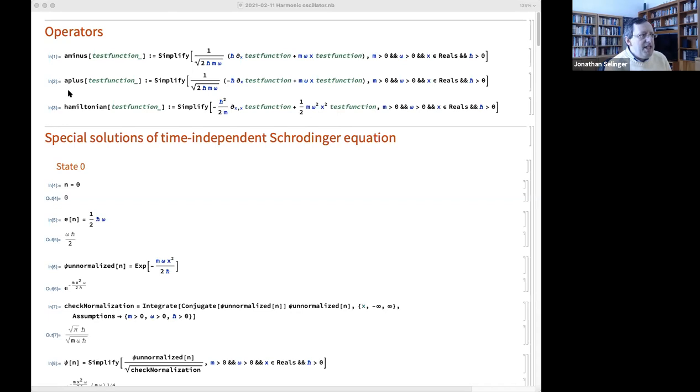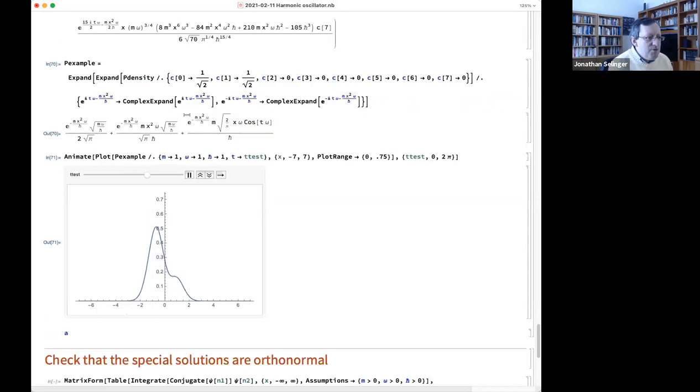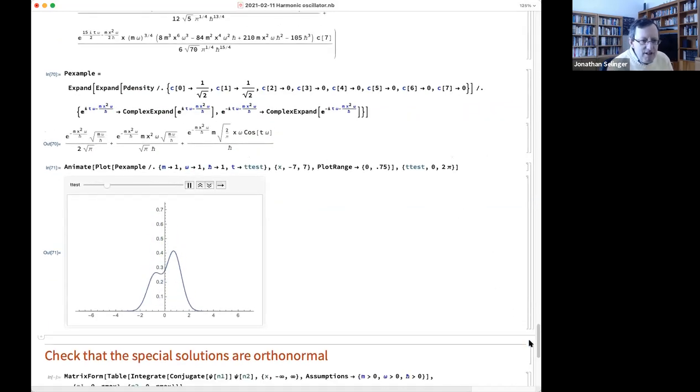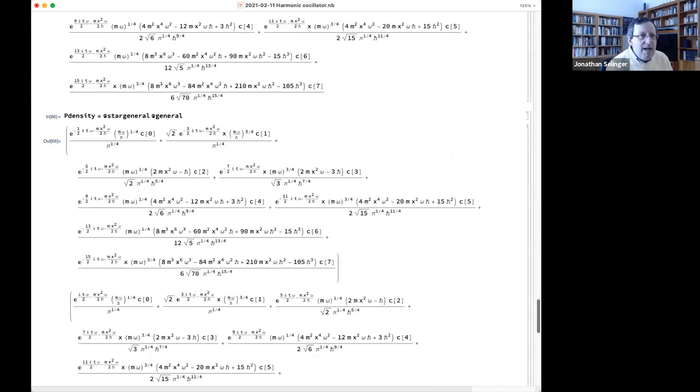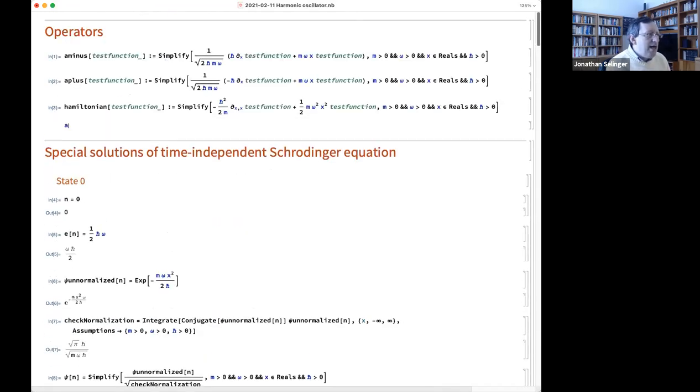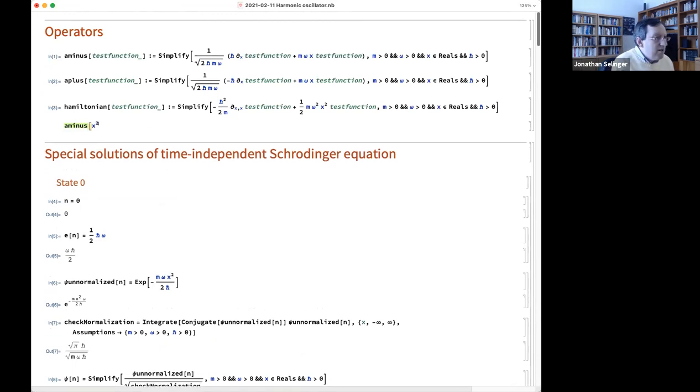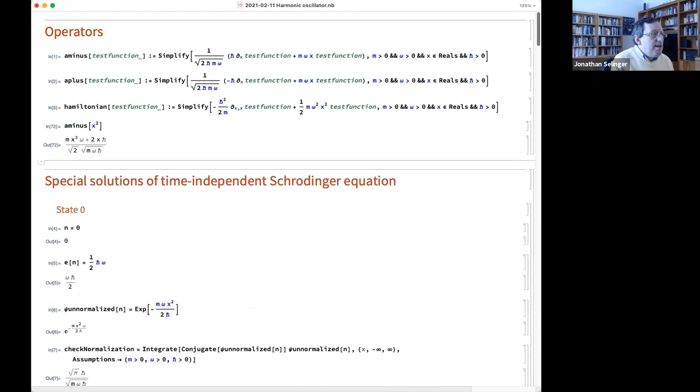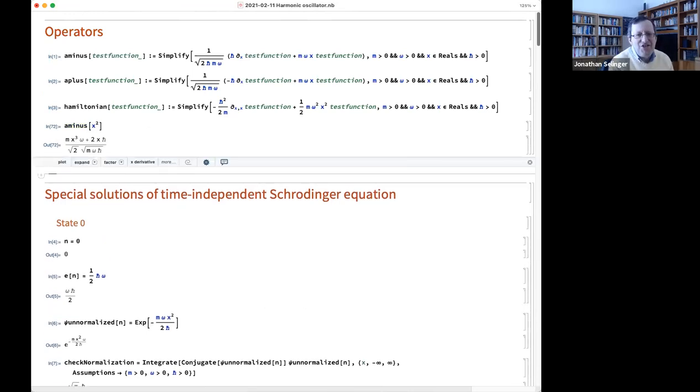So any of these things are operators that can take a function as input and produce a new function. Just to see an example, if my function is x squared, A minus acting on x squared produces this complicated thing.